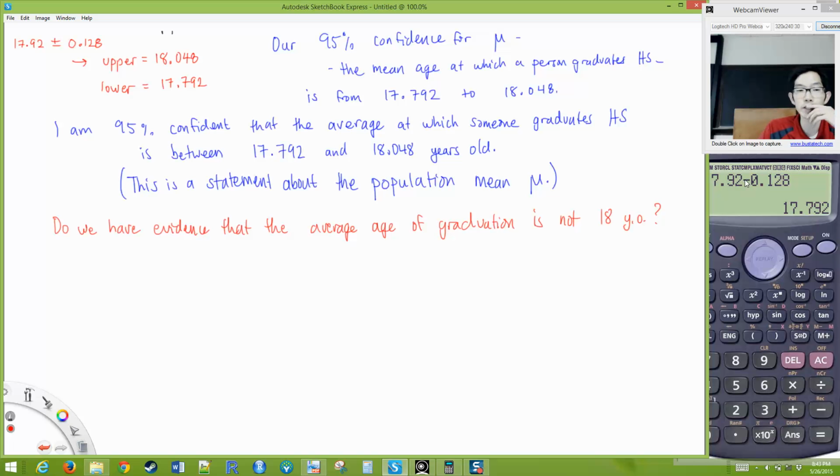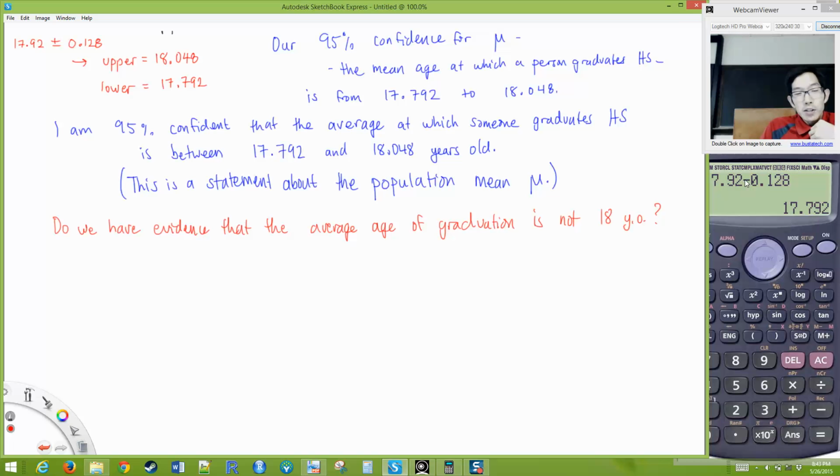Do we have evidence that the average age of graduation is not 18 years old? What do we say? Yes or no? No. Okay, and so the answer is no.